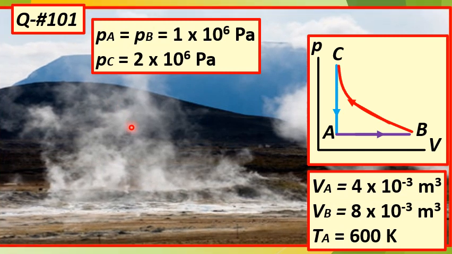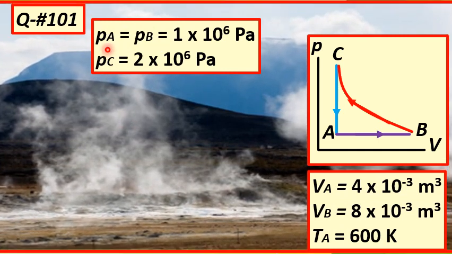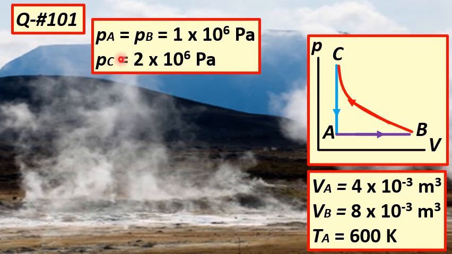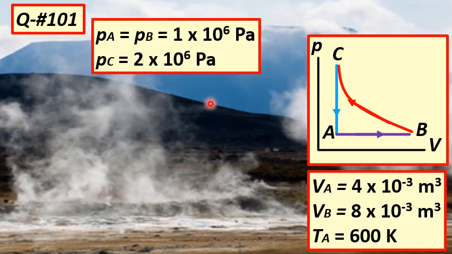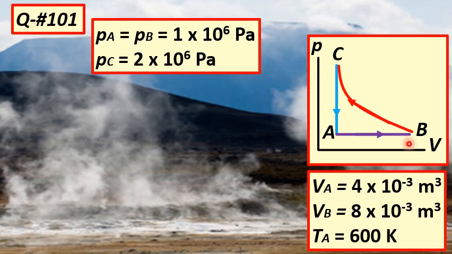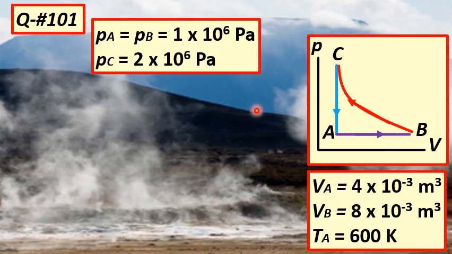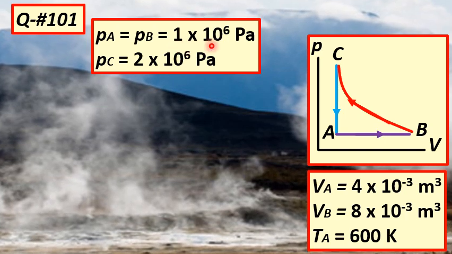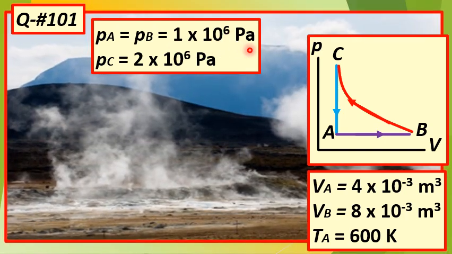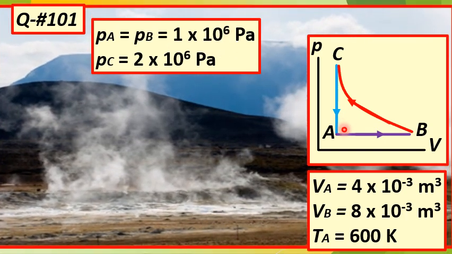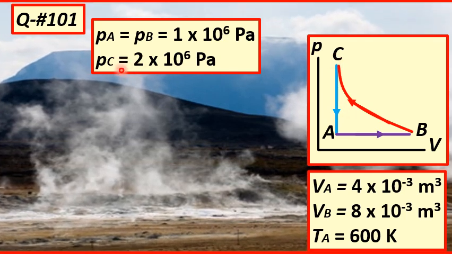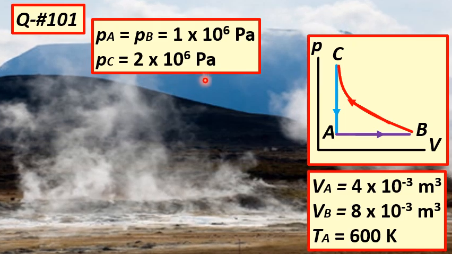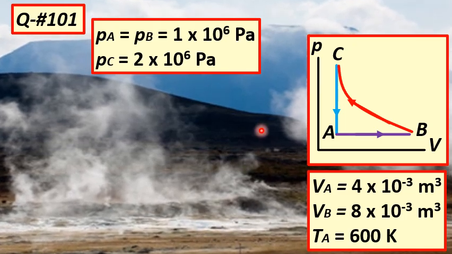We're also given the pressure on the gas at state A, which happens to be equal to the pressure on the gas at state B, and that is equal to 1 times 10 to the 6th Pascal. At state C, the pressure on the gas is equal to 2 times 10 to the 6th Pascal.